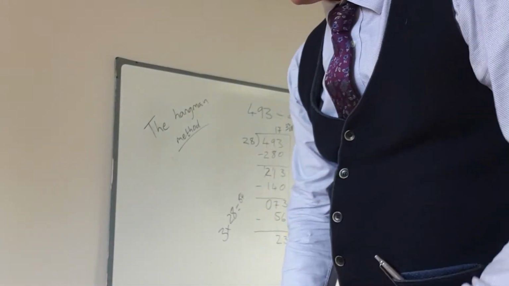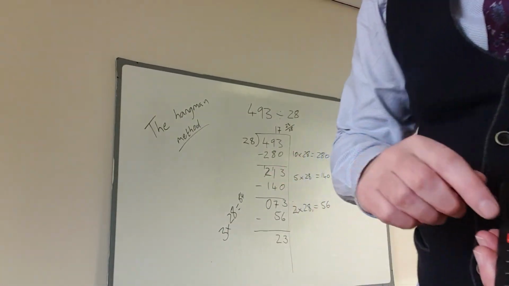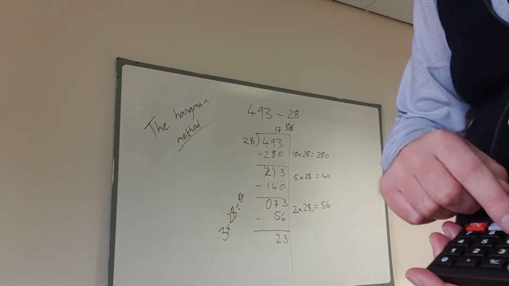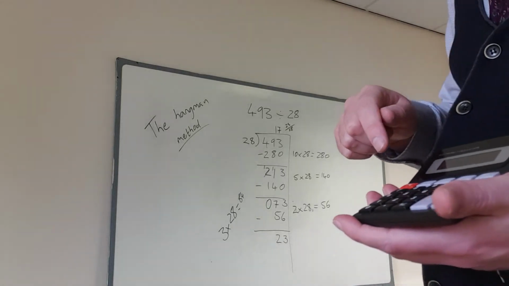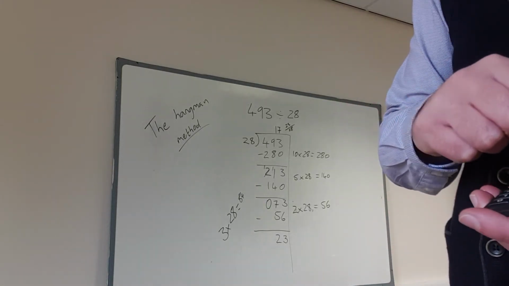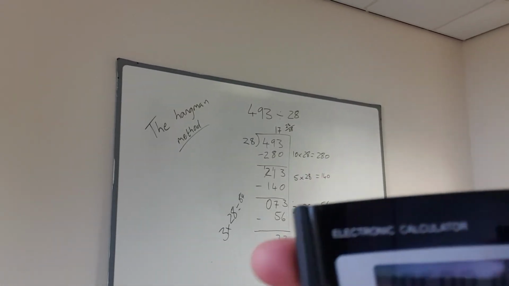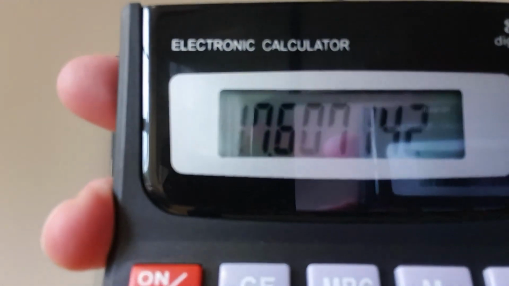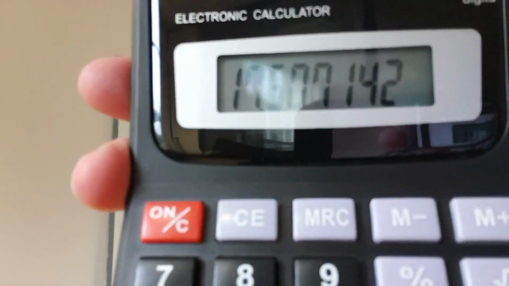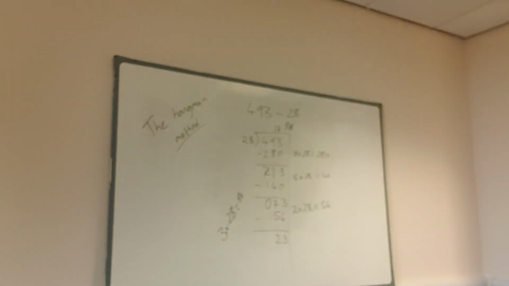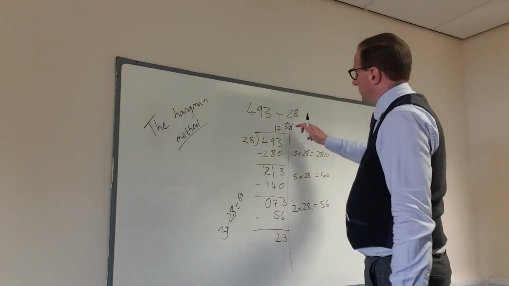So we'll work it out on the calculator. 493 divided by 28, 17.6, yeah, and that's why I didn't do the other calculations, because it would have taken me a long time to do it. And I wanted to demonstrate this, so we can do this in the lesson.